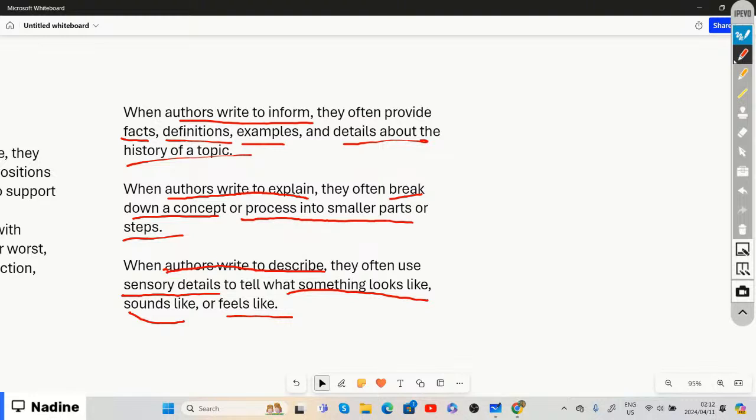It is to do with sight, sound, feeling, touching, hearing, tasting. That is our senses. So when it comes to describing something, we use our senses to tell what something looks like, sounds like, feels like, or even tastes like.